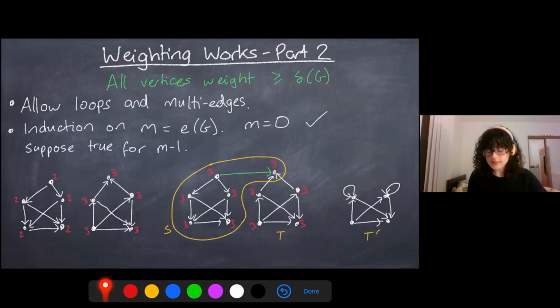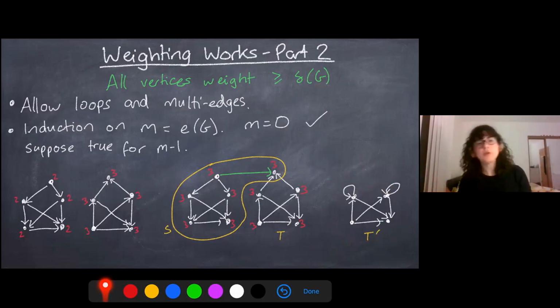This has the same minimum degree, or at least as big, could be bigger, as our overall graph, because we haven't changed any degrees. And this also has fewer edges than our overall graph, because it doesn't include this edge. And so we win.